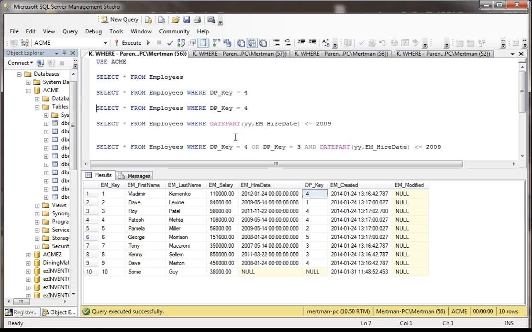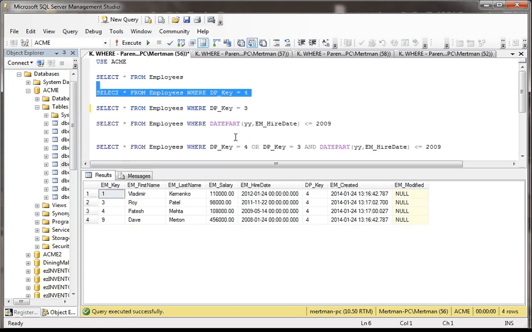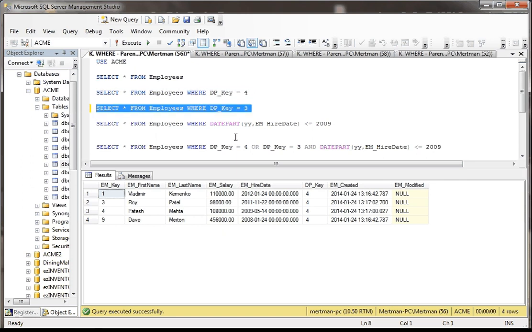Okay, so now what we're going to be doing here is running a few really simple queries. I want to pick all the employees where the DP key is equal to 4. Okay, great. Got all the IT guys. Lovely. I want to run another query where it's just all the sales guys, and there's 2 of them. They make more than any other department.